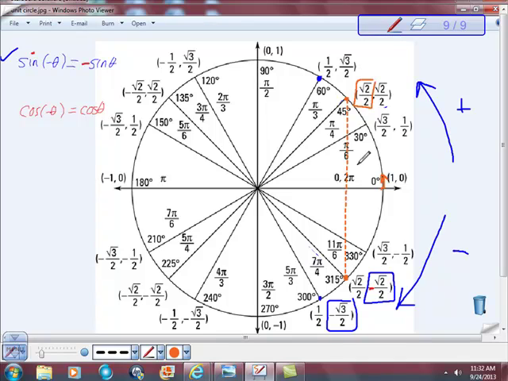It's a perfectly straight line. That is to say, we haven't moved left or right as far as the change in x. There is no change in the x value, right? The height changed, but the x value didn't change. So of course it's true that cosine of opposite theta, let this be negative 45 degrees, and let this be positive 45 degrees, that those cosine values are the same.